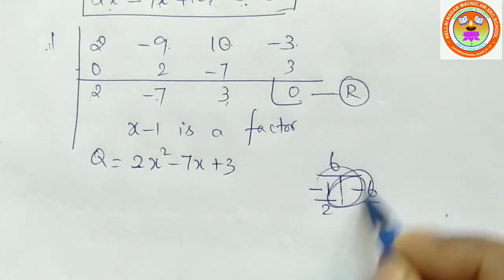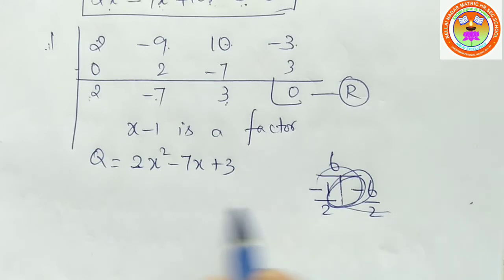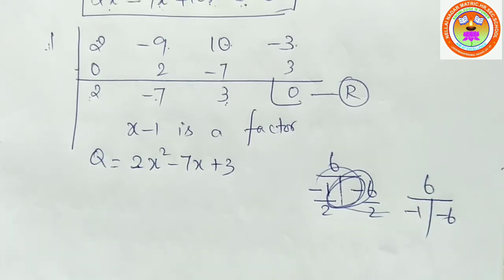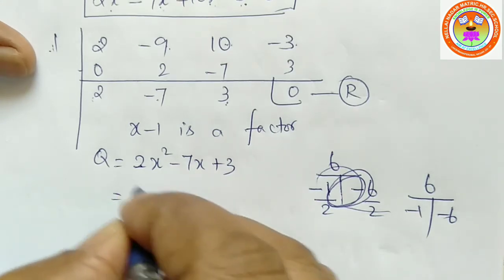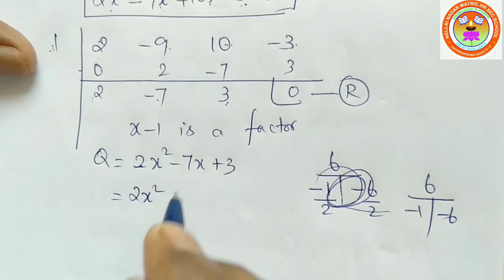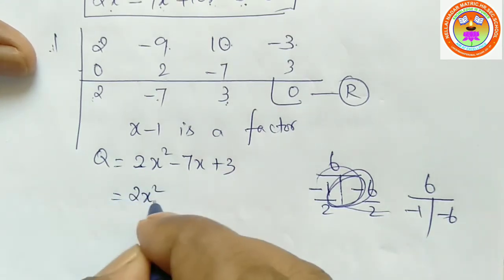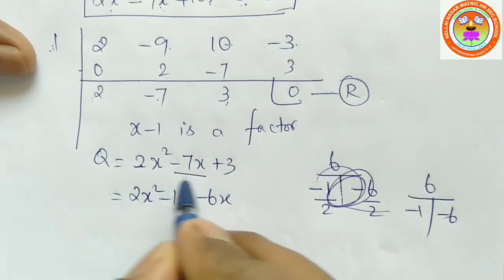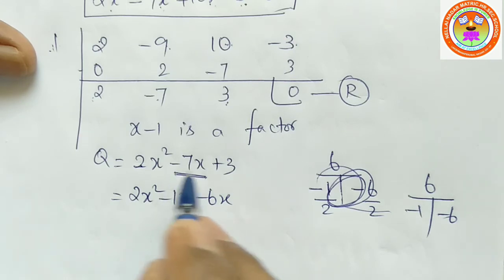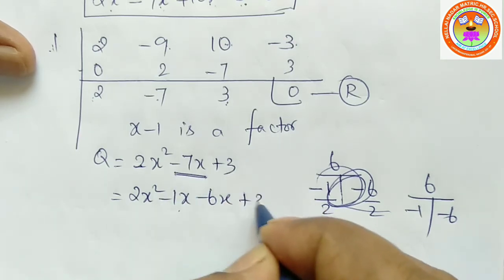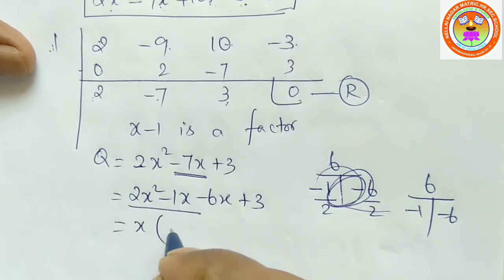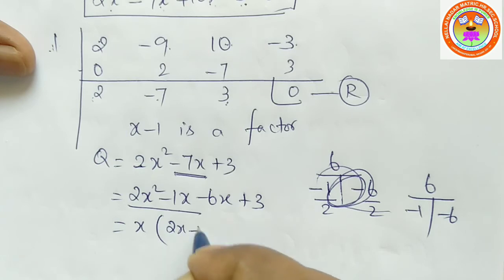Or we can do the same by factorization. We can factorize this equation. Product is 6, so minus 1 and minus 6. See now, that is 2x square. This minus 7x can be written as minus 1x minus 6x. We are splitting the middle term. Minus 7x as minus 1x minus 6x, then this term plus 3. Here x is common. So what is remaining? 2x minus 1.